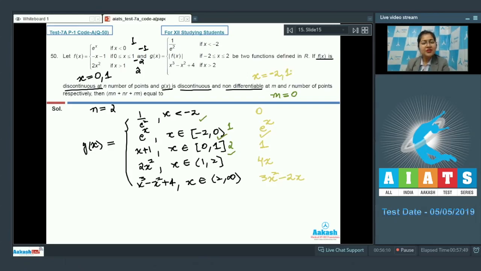At 2 minus the value is 8, and at 2 plus the value is 12 minus 4, that is again 8. So it is non-differentiable at 2 points, which means that the value of r is equal to 2. So the value of mn plus nr plus rm will be equal to 4. So the answer of this question is 4.